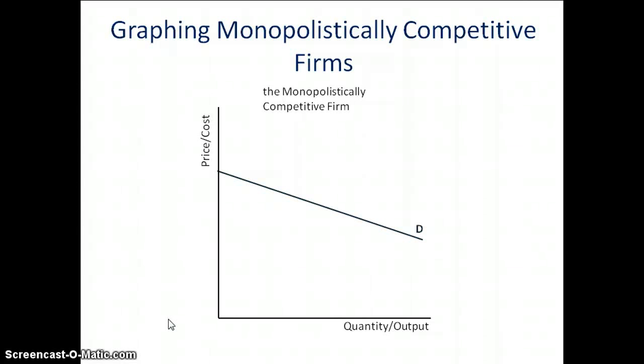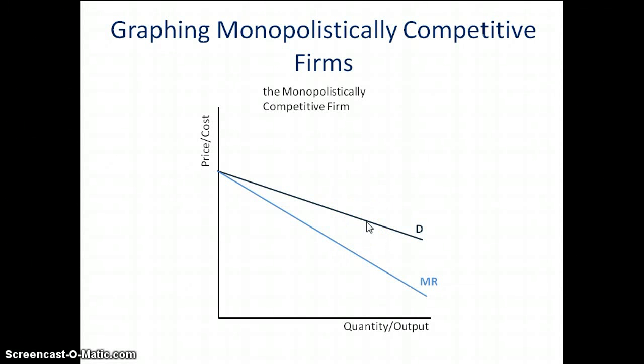Now, what I want you to notice about this particular demand curve is its relatively shallow slope, and we do that in monopoly or monopolistic competition. We graph it that way to indicate to our examiners or to our professor that we know that there's a lot of competition here and that our customers are pretty sensitive to changes in price, and we get that type of elasticity with a shallow sloping demand curve.